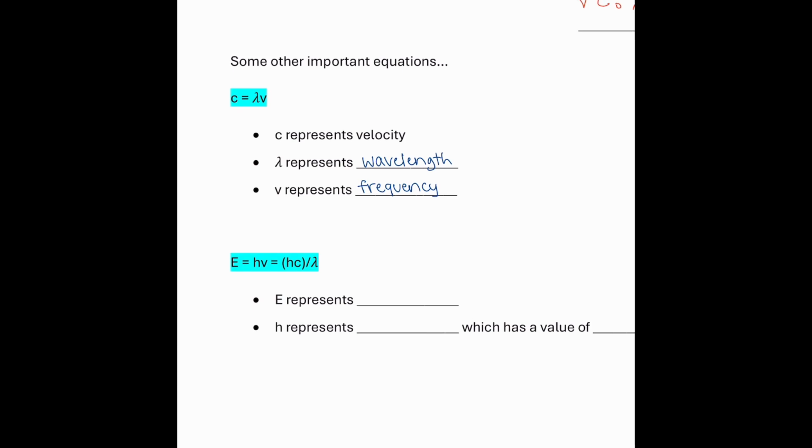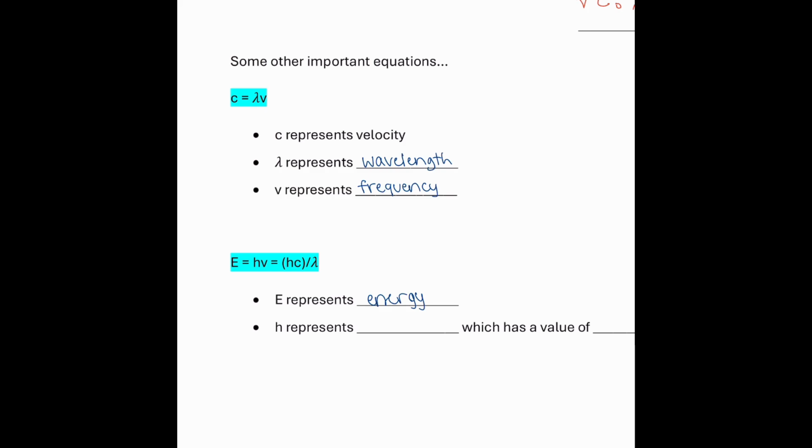And then we also have this other formula here. E, that's kind of new. h, it's also kind of new. Like, what are we talking about here? Come on, Bria, like, what? So E does represent energy. That kind of makes sense, I'd say. And h, that's a new constant, which I did mention at the very start.